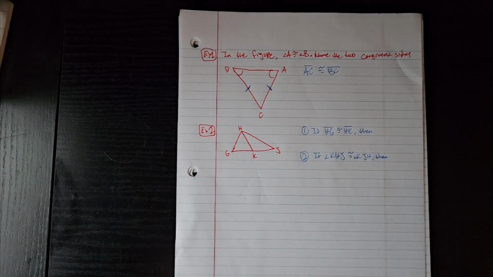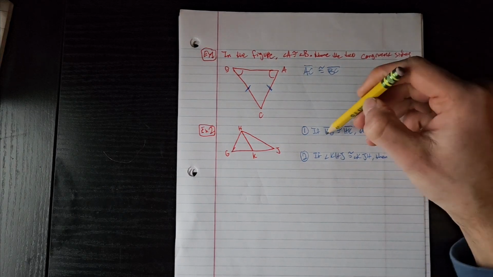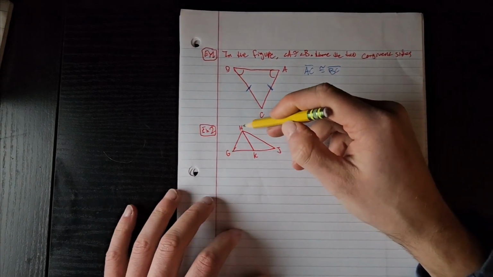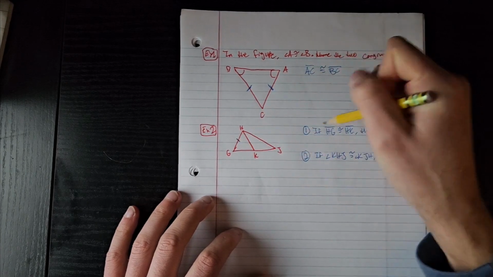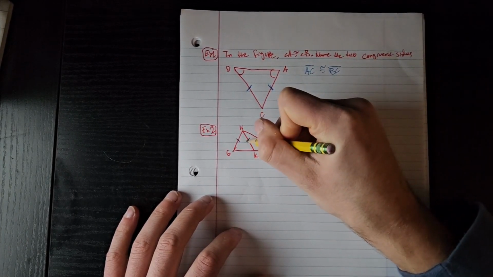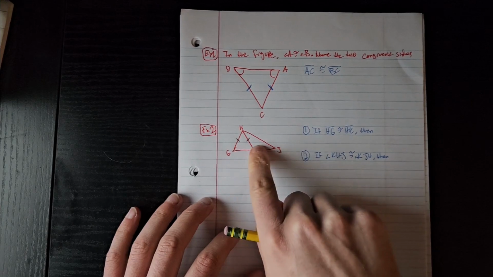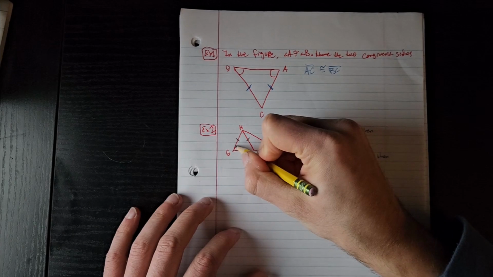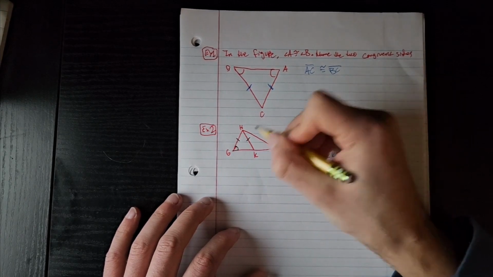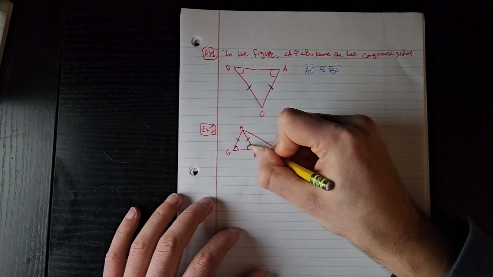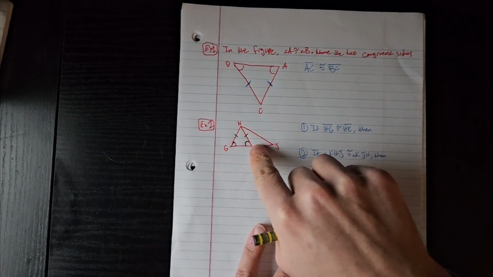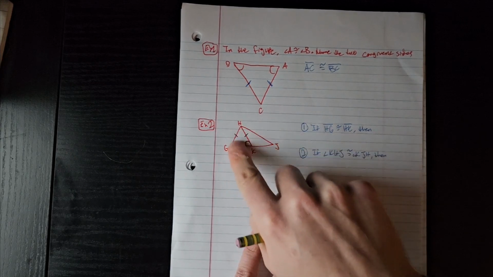So looking at our figure, we have HG and HK. Those two are congruent. So I'm going to find HG, which is this segment, and HK, which is this segment. If these two are congruent to each other, then angle G and angle HKG should be congruent, because those are the base angles of this isosceles triangle.